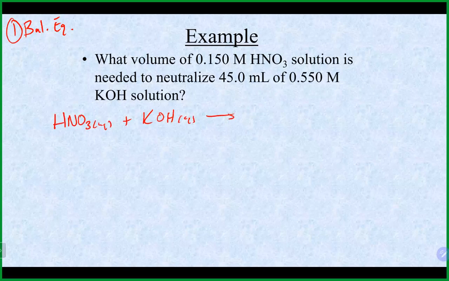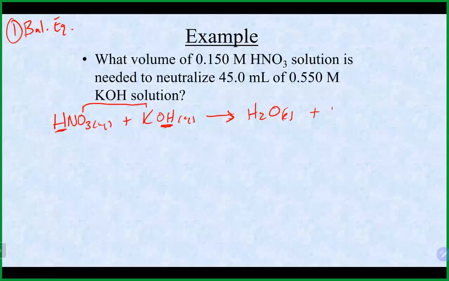And once again, we know that we should make water, and the water is going to come from those 2 parts. And the salt part will come from the other 2 put together properly. So that's potassium with a +1, that's nitrate with a -1, which means you should end up with KNO3 in this case.